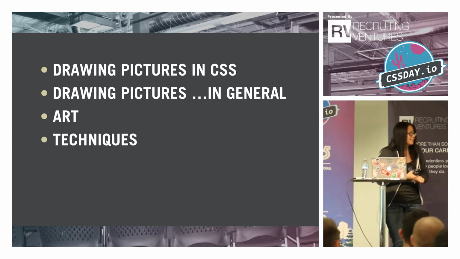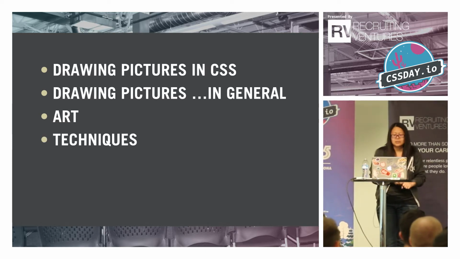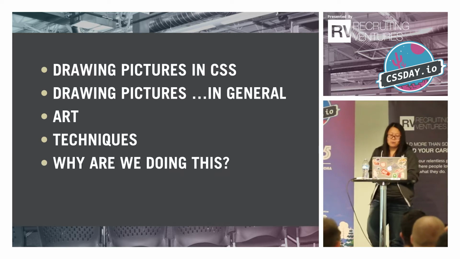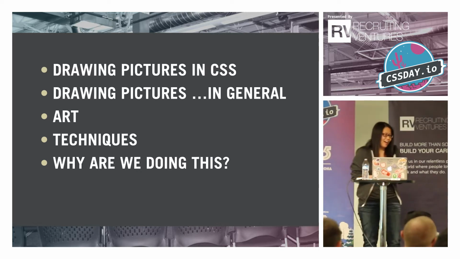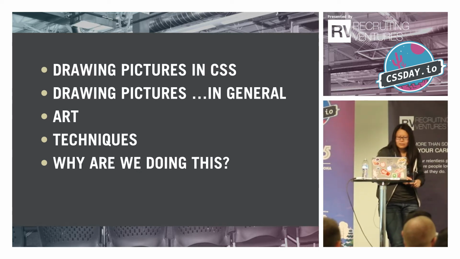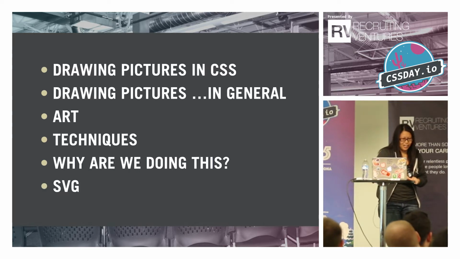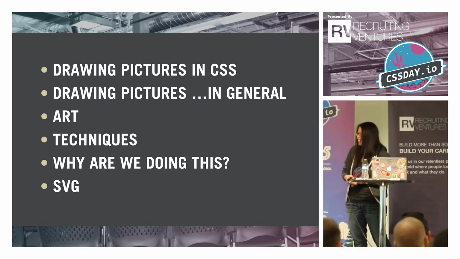We'll go over some specific CSS techniques and look at some examples. We'll ask, why are we doing this? Which you should do with pretty much everything you do, so that's a good exercise. And hopefully we'll get some good answers. And before you freak out, we are going to talk about SVG. So you can hold those questions.